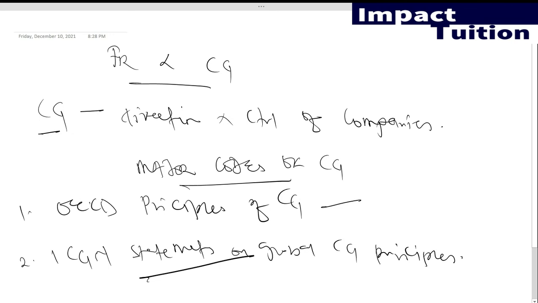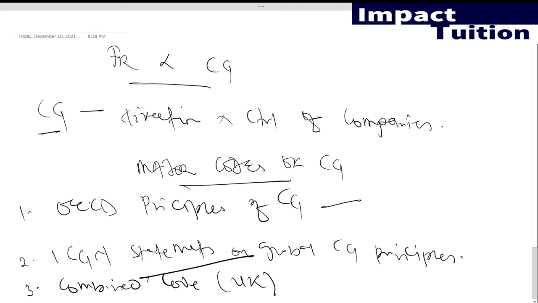Now, we also have the combined code, which is the third major code. This was published in the UK.